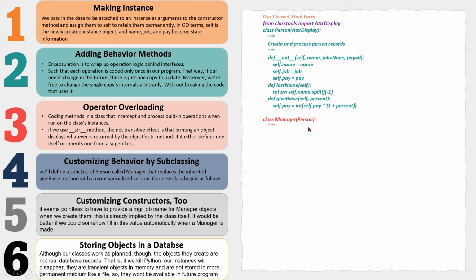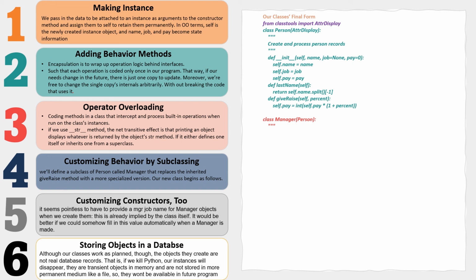Obviously manager, as person, inherits from attr display. So manager is a total multi-level inheritance. If you do not know what multi-level inheritance is, I have made a video on inheritance with a real world example. Please go back and watch that video and then come back here.